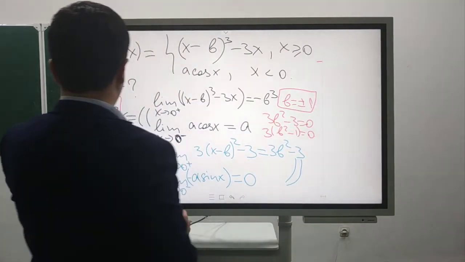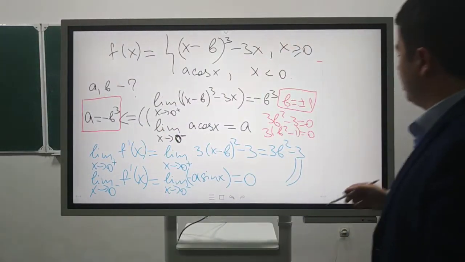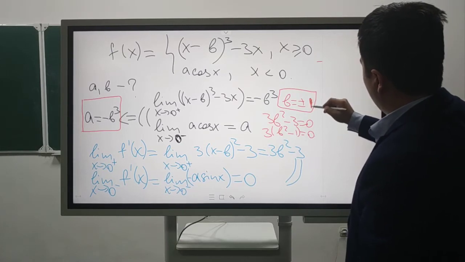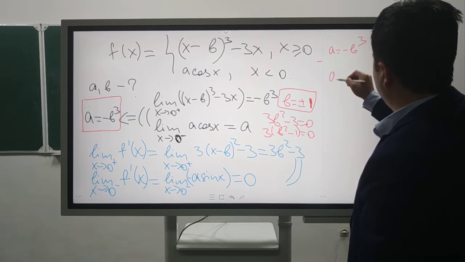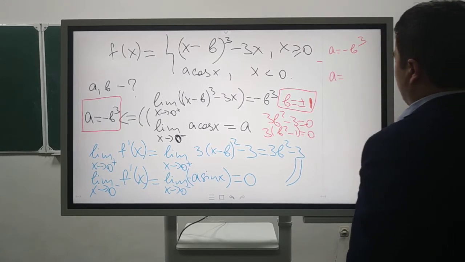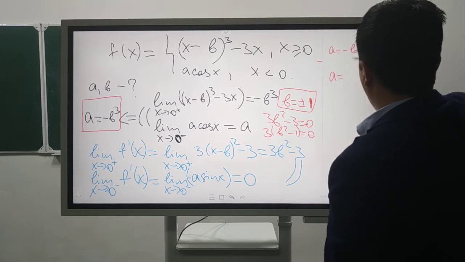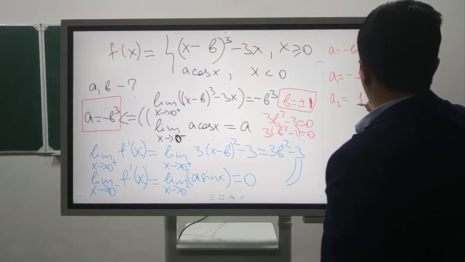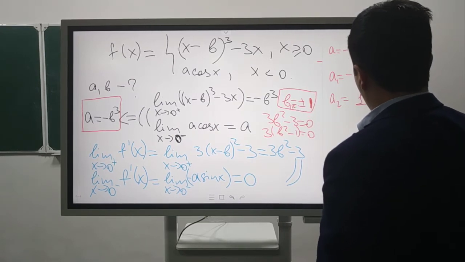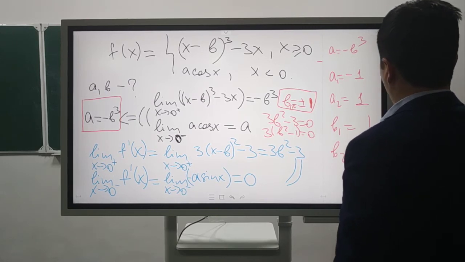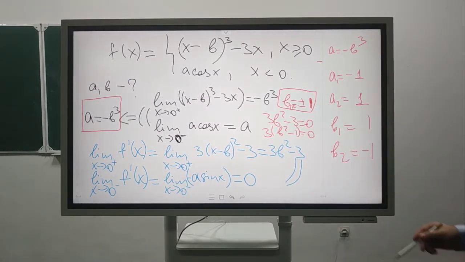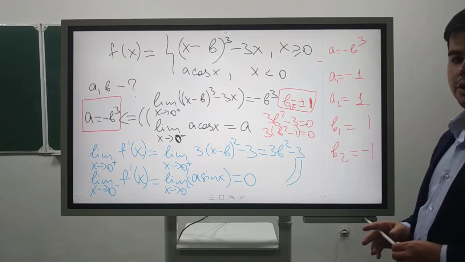We have a is minus b cubed, so if you put 1 here, we have minus 1. If you put minus 1, it is 1. So a1 is minus 1 and a2 is 1, and b1 is 1, b2 is minus 1. So we have the following parameters: a1, a2, b1, and b2.